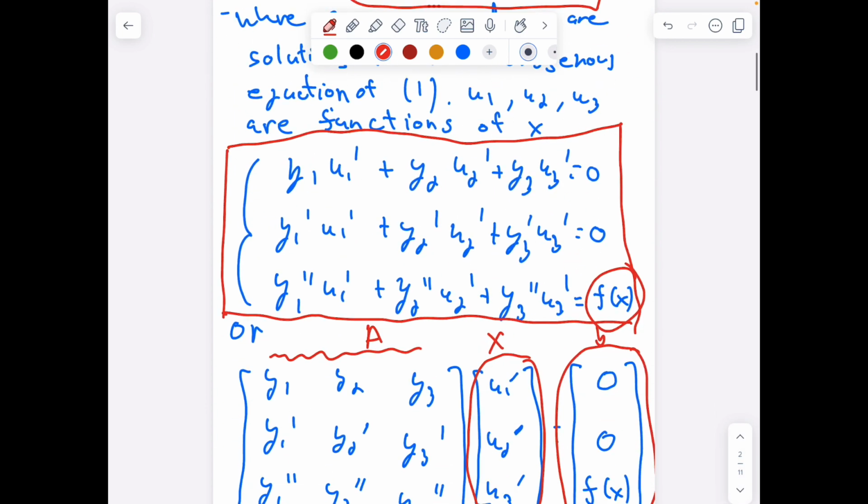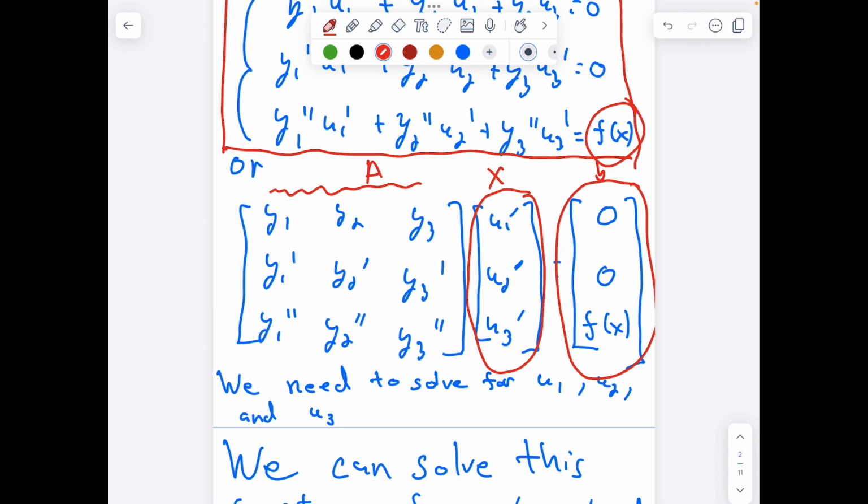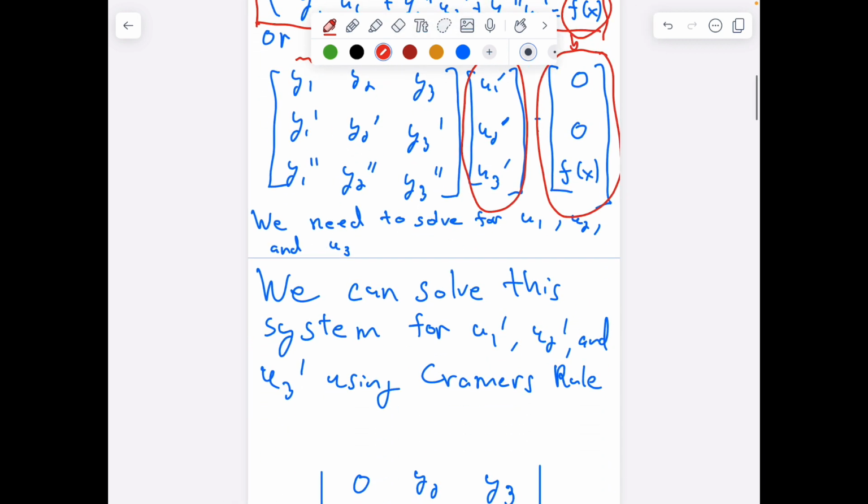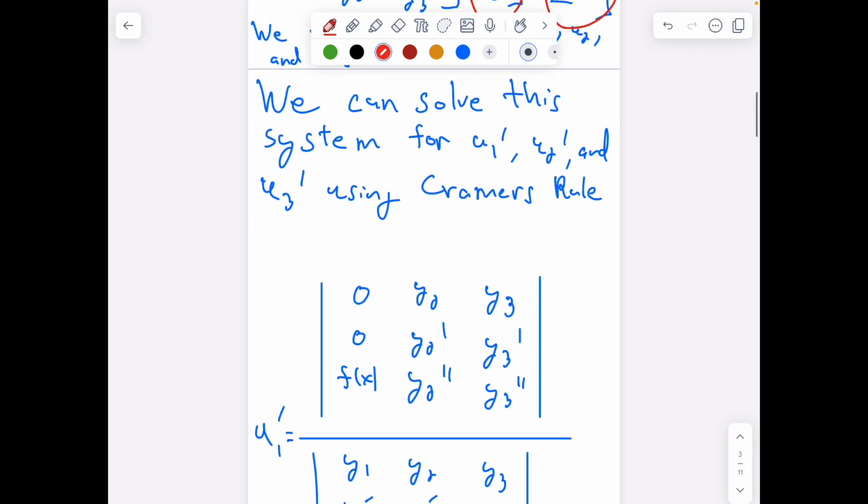All right. These are just the things that I just talked about. They're important in terms of why we're doing what we're doing, but in terms of the computation, this is what you really need. So I'm going to solve for u1 prime, u2 prime, and u3 prime, and I'm going to use something called Cramer's rule.